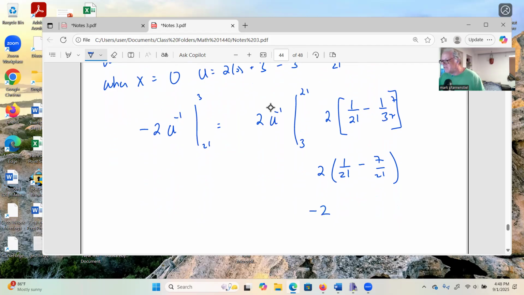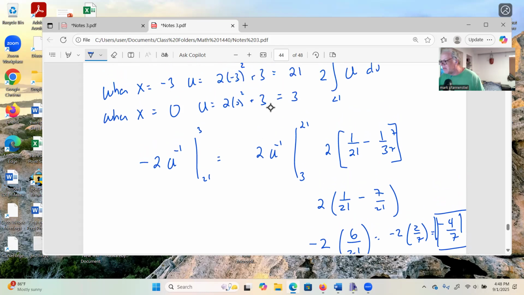We have -2. We have 6 over 21 here. So the 3's are going to cancel. We have 2 7ths remaining. So this is going to be -4 7ths. And that's my answer for this particular interval.